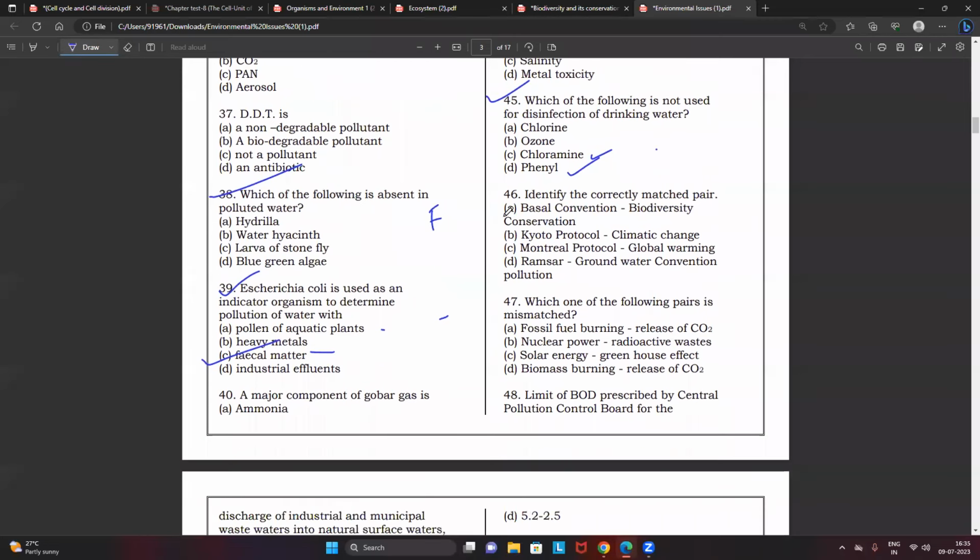Everyone, please answer question number 46. Identify the correctly matched pair. Slowly, friends, slowly think it. Identify the correctly matched pair.